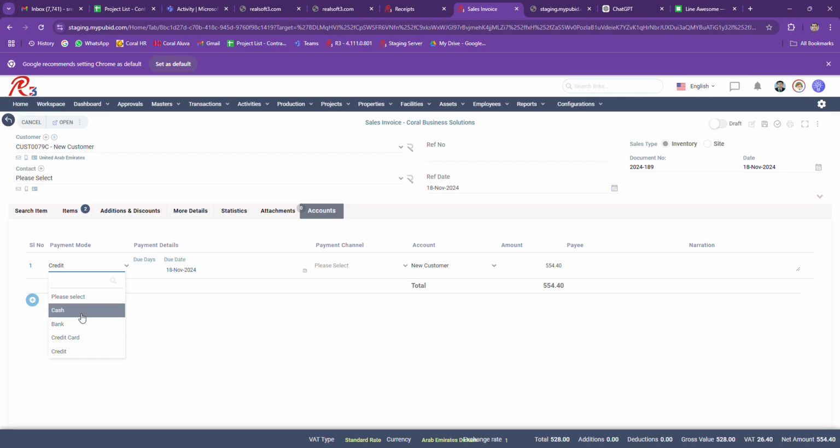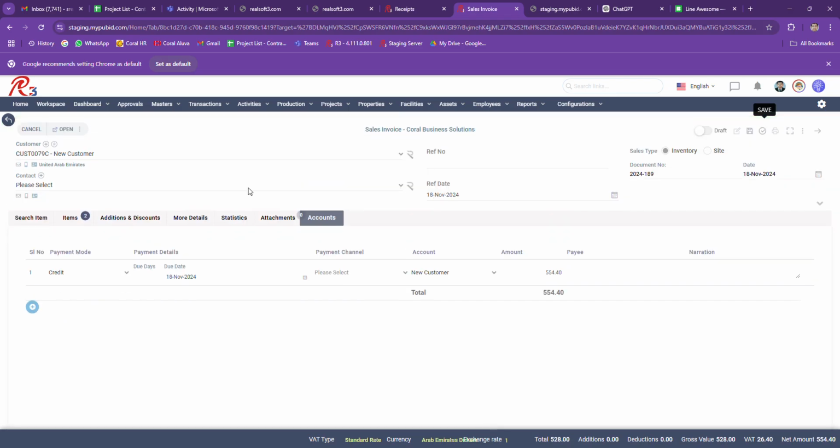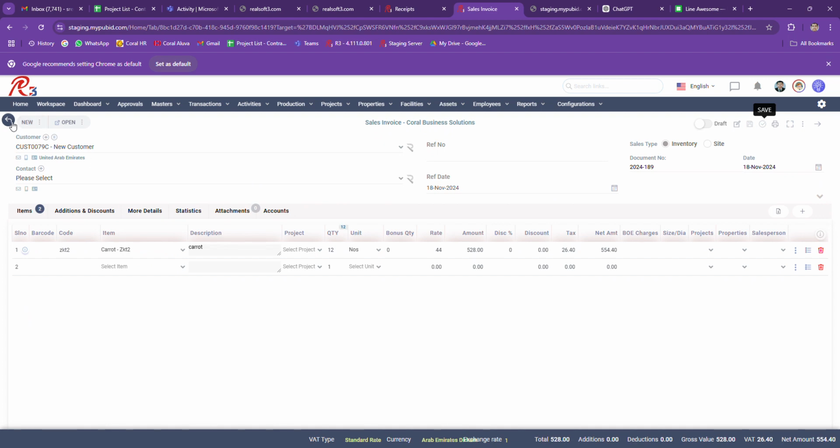So here also we can, but normally we have to keep this as credit. And you can give a due date also. After this date, he is going to pay this, and that's enough. And the amount is also mentioned, and if you want, you can mention the payment, and then save. And go to the list.